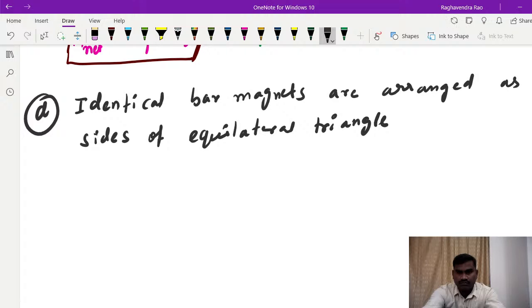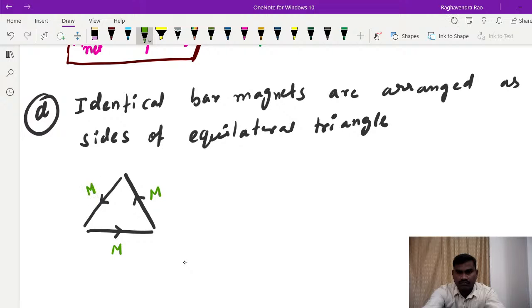Now here, the first bar magnet like this, the second bar magnet like this, and the third magnet like this. So this is M, this is M, and this is M.